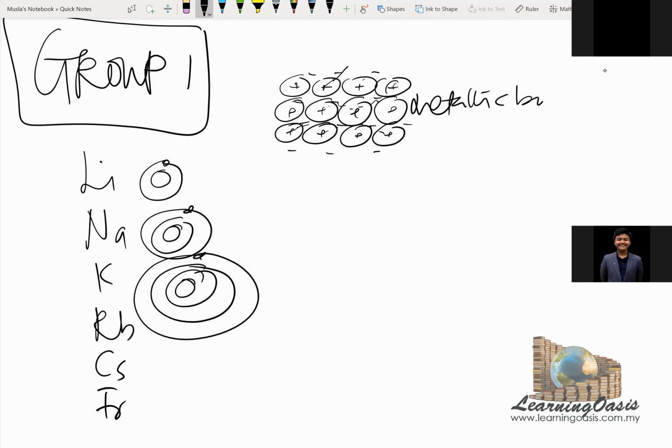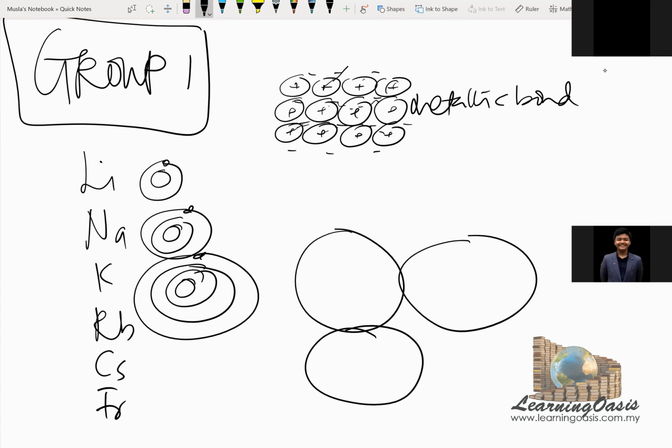Now compare lithium with potassium, rubidium, cesium, francium. As you go down, you notice the number of orbitals increases, so the size of the atom increases. This is a positively charged nucleus, and this is the electron. You see how far the electron is from the nucleus.